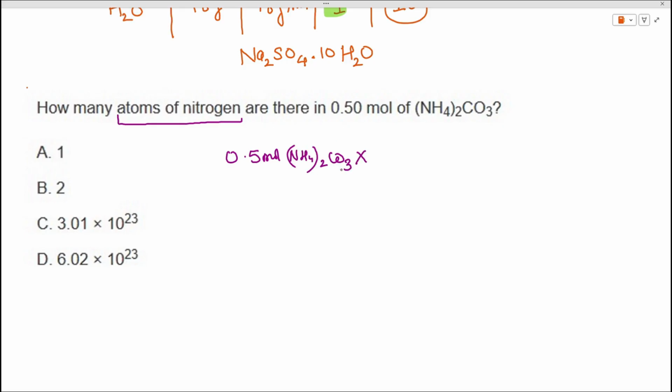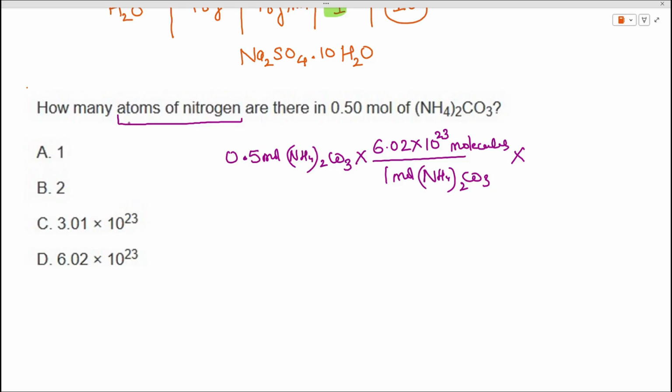First we'll find the number of molecules. For that we need to get rid of the moles. So we know that 1 mole of ammonium carbonate has 6.02 times 10 to the power of 23 molecules of ammonium carbonate.